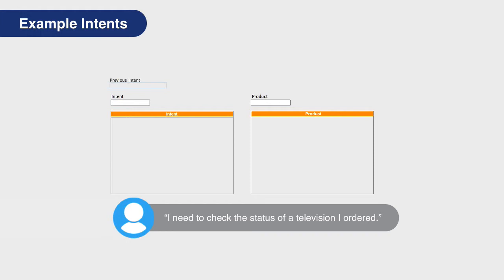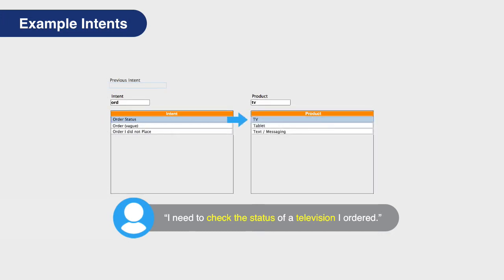The product or item the caller is referring to is the television. The intent or action they wish to perform is to check the status of the order for the television. The correct answer is to select Order Status in the Intent DSB and TV in the Product DSB.